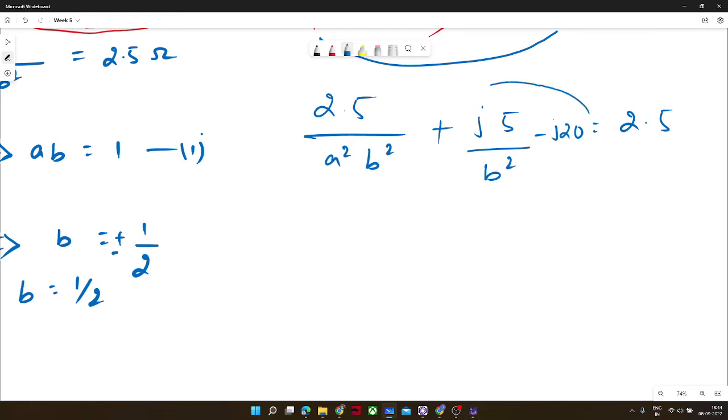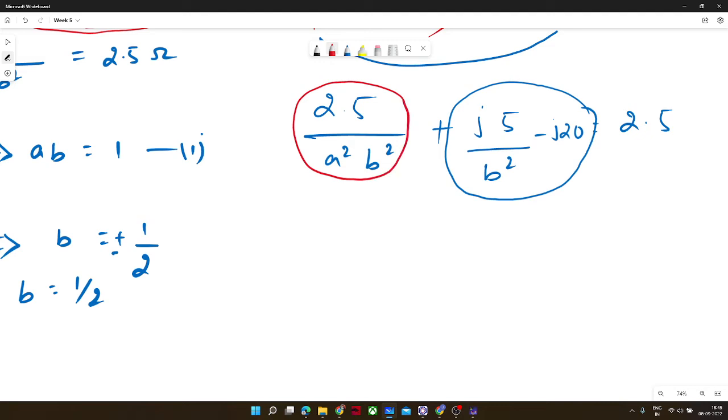So this is the reactive component or imaginary component that I will equate to 0. Okay. And this is the real component which I will equate to 2.5. Okay. So 5 by b square minus 20 is equal to 0.